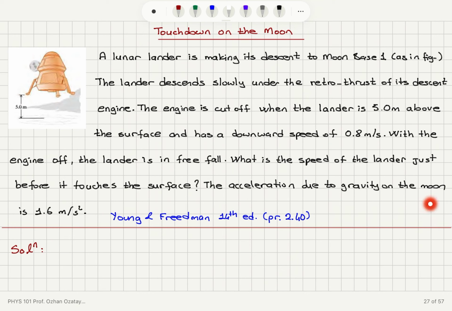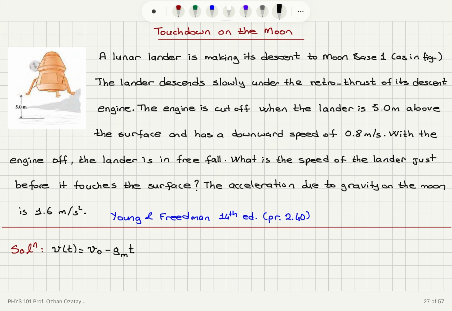The acceleration due to gravity on the moon is 1.6 meters per second squared. So this lunar lander will have a velocity as a function of time, which is given by its velocity when the engine was cut off, v0, minus the gravitational acceleration on the moon times t. It's going to be constant acceleration motion again.